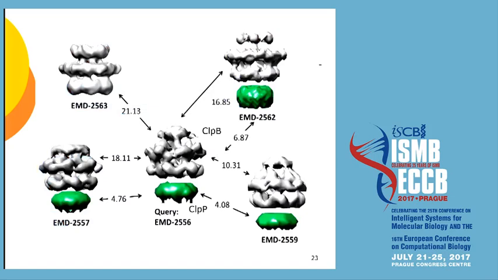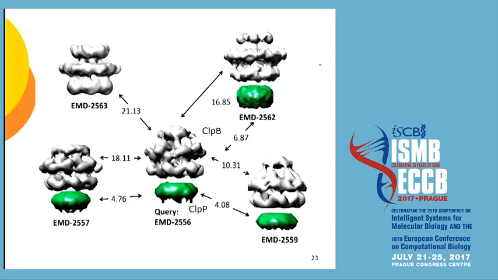I cannot go into the detail, but this is a query. The entry with a large distance was this one. For the first part, the ClpB part is the same, but in a different biological state. And there is ClpP missing here, and that's why the distance was very, very large.